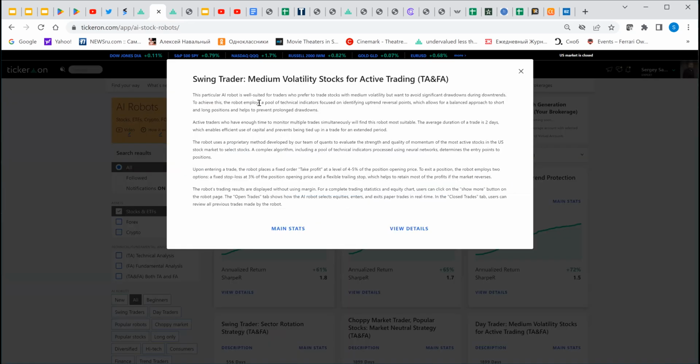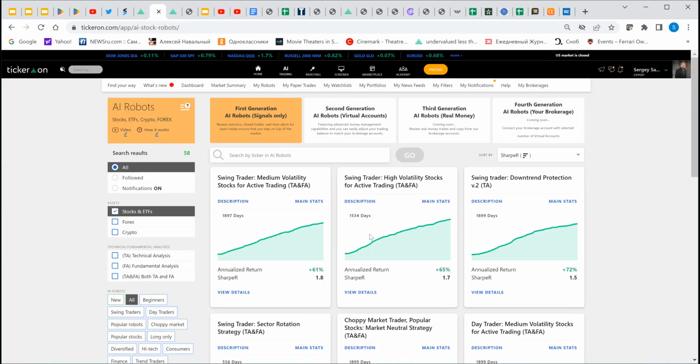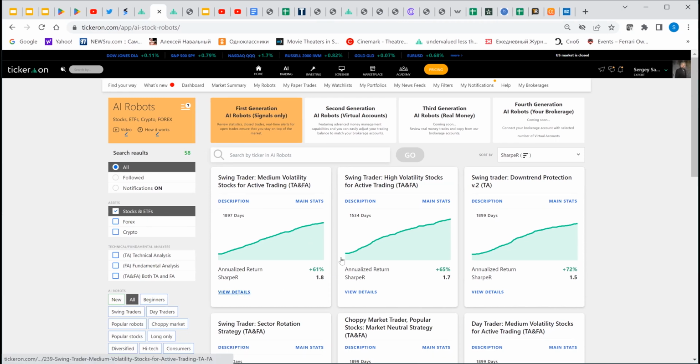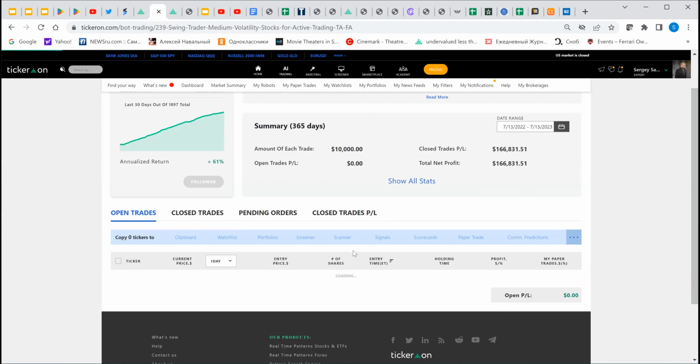So that's a brief introduction to robots. You see in the description, we give an explanation of how we combine our different modules to create real-time entries, in what combination we use, and some people are confused about how to use it.